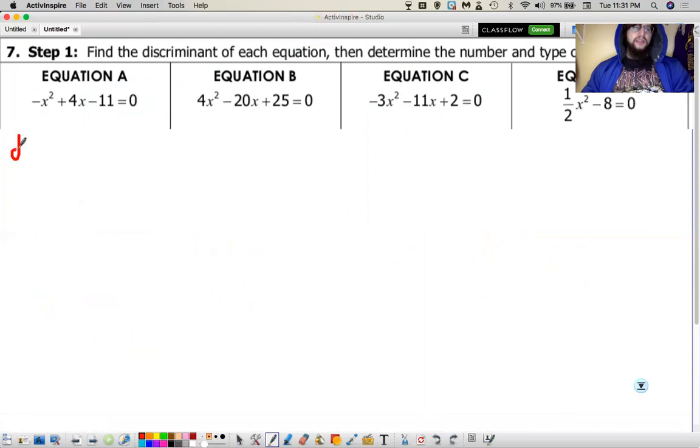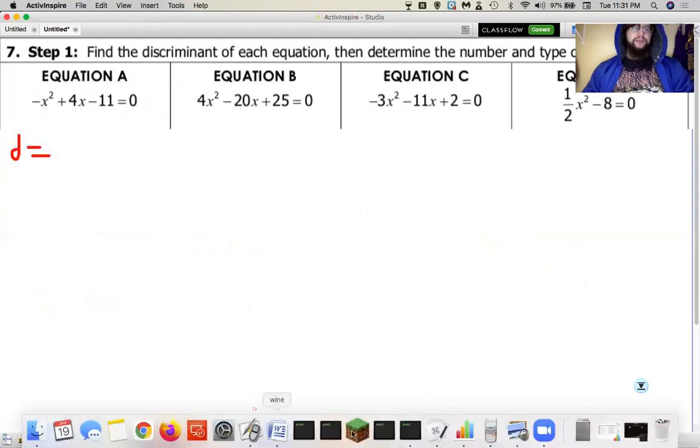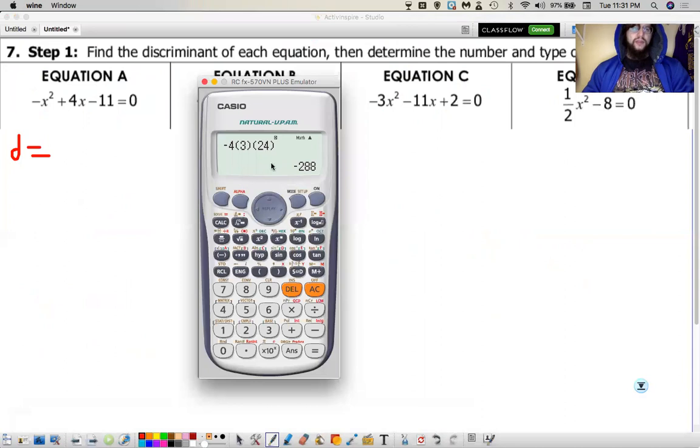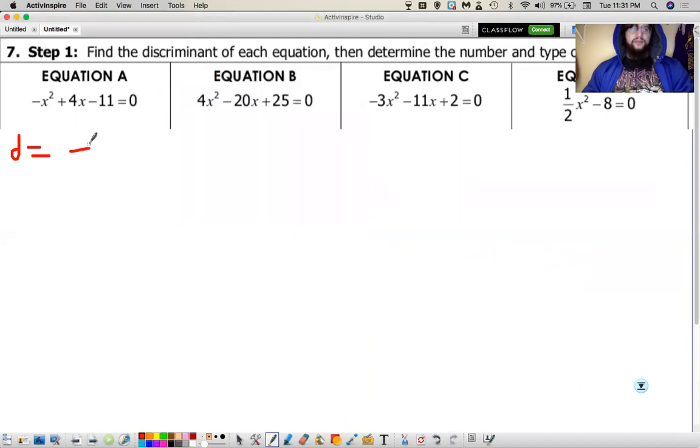All right, so I'm just going to type it in the calculator. B is 4, so 4 squared minus 4AC. And you get -28. And it's negative, so again, that means complex, and you got 2 of them.